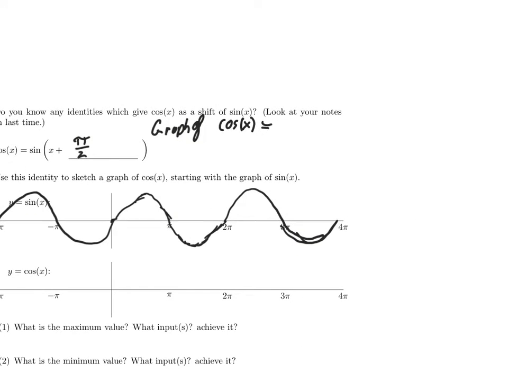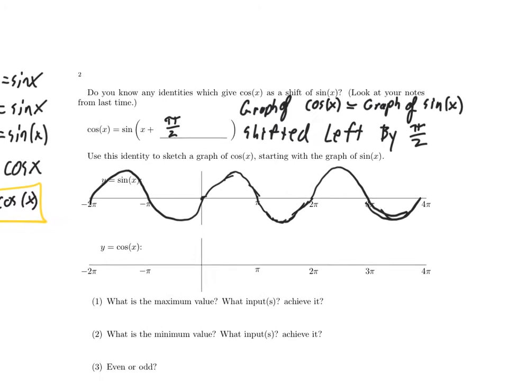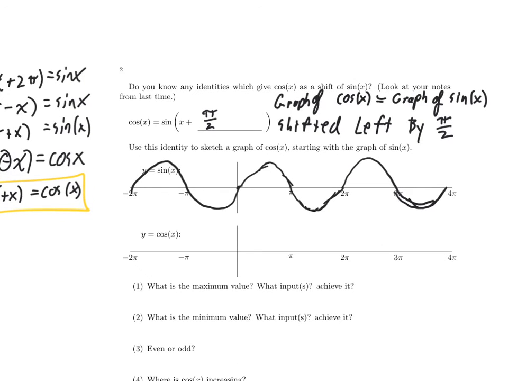So the graph of cosine of x is the same as the graph of sine of x shifted left by pi over 2. I'll do that in this space, and then I'll copy it down here.